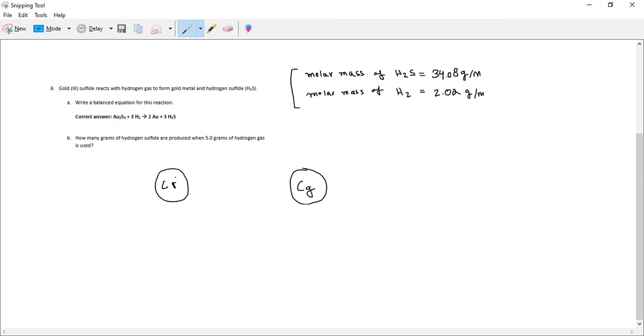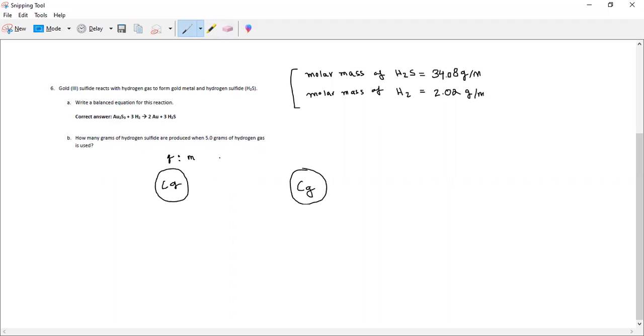There really isn't any conversion factor which can allow us to go from grams of one compound to grams of another compound. We know that the molar mass conversion factor tells us that we can take the molar mass of the compound, and that gives us a relationship between grams of the compound and moles of the compound.